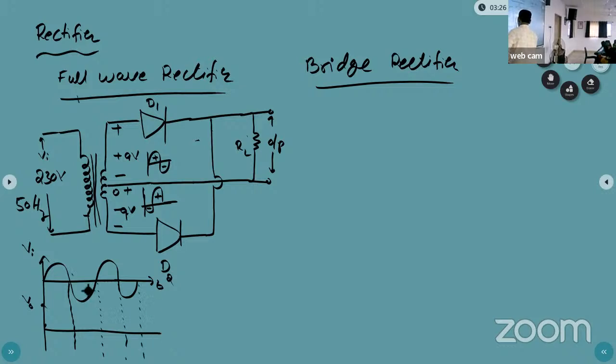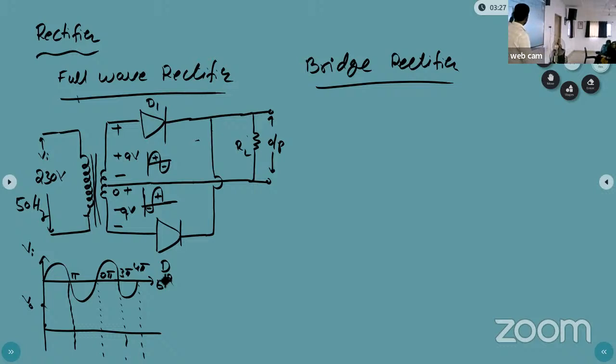The values are pi, 2 pi, 3 pi, 4 pi. If you want, you can mark them, otherwise no need to take 0, 2 pi, 3 pi, 4 pi. That is an easy concept. Now this input waveform we are applying to the full wave rectifier. After getting this concept, you can understand the bridge rectifier.